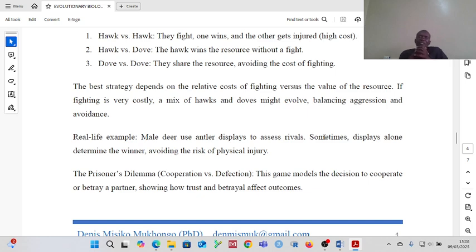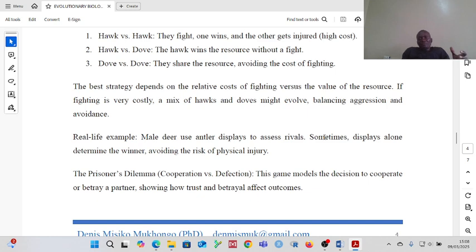So in this type of dilemma, it is modeling a decision to cooperate or to betray a partner, and by doing so, it is showing how trust and betrayal can affect outcomes. Okay?